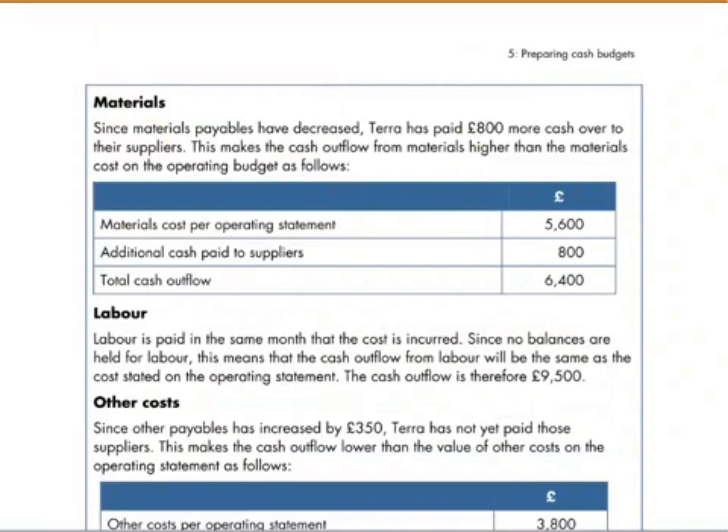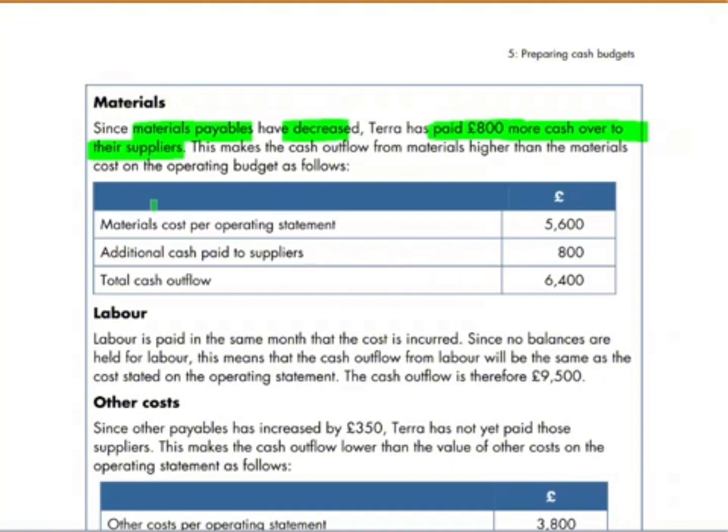Now let's take the same approach for those materials costs. What we're told with materials is we've budgeted materials costs to be £5,600, and we're told that material payables will decrease by £800. So because those payables have decreased, we have paid £800 more cash over to suppliers than the expenditure on the operating budget suggests.